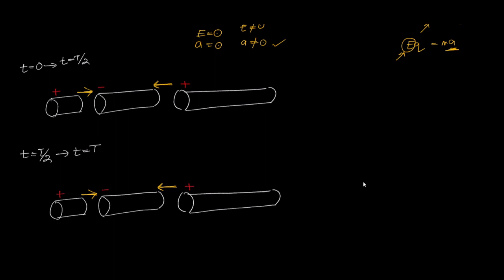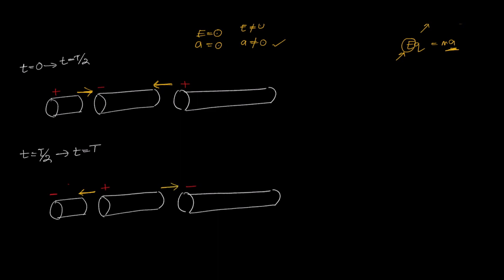Now the first tube becomes negatively charged, has a negative potential. The second tube has a positive potential, and the third tube now has a negative potential. So if I mark the electric fields, they are in the opposite directions.